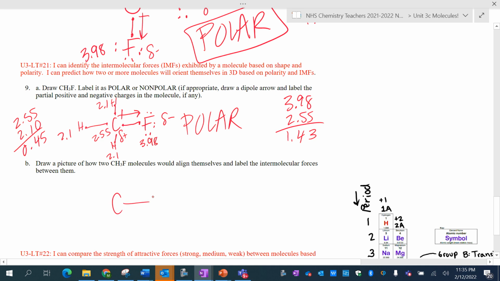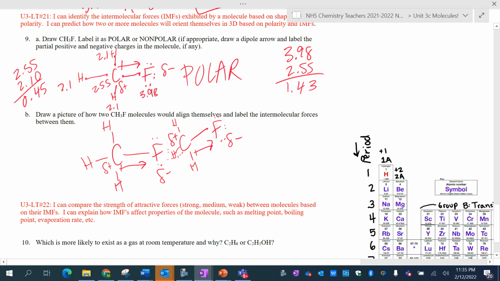And then if we're going to draw two of these molecules aligning themselves, draw this a little better here. The partial negative would be attracted to the partial positive of another. So they would line up where the carbon is as close as possible to the fluorine of the other. And let's figure out what the intermolecular force would be between them.